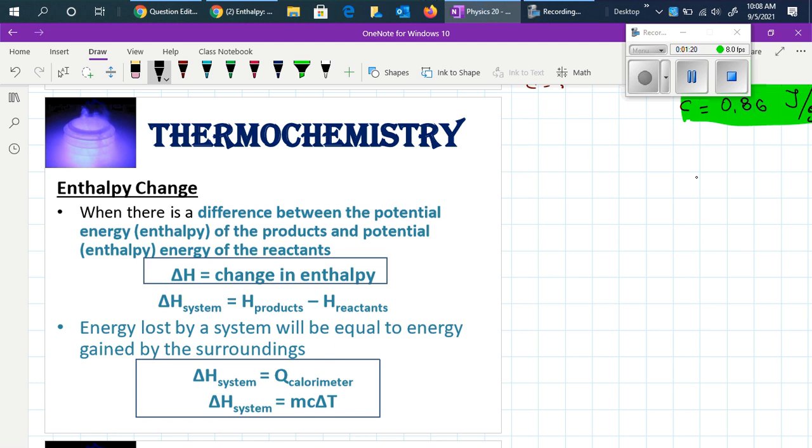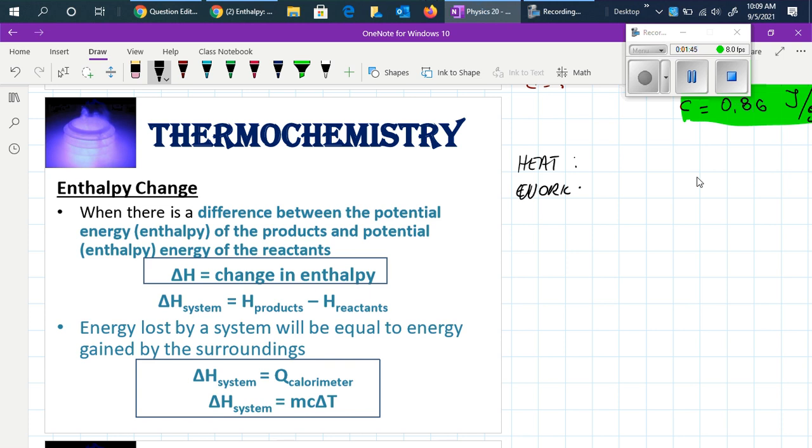However, what is neat about those two terms, heat and work? Work is the energy that is transferred to the motion of an object.